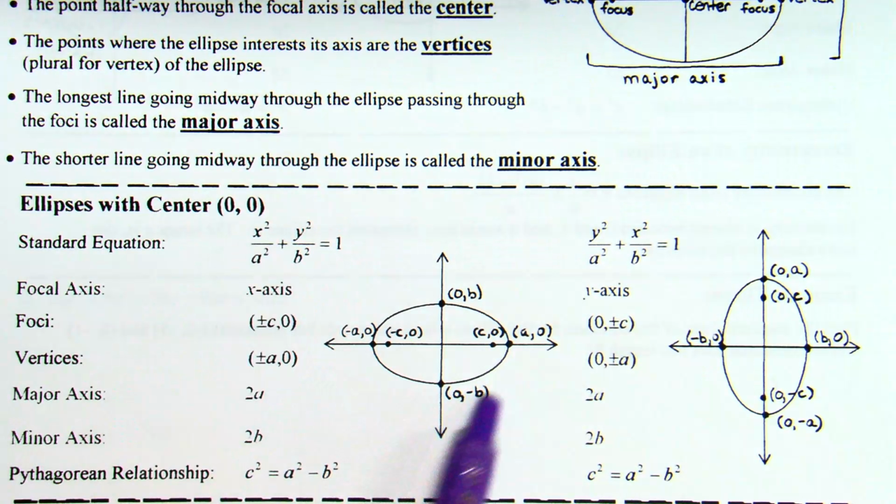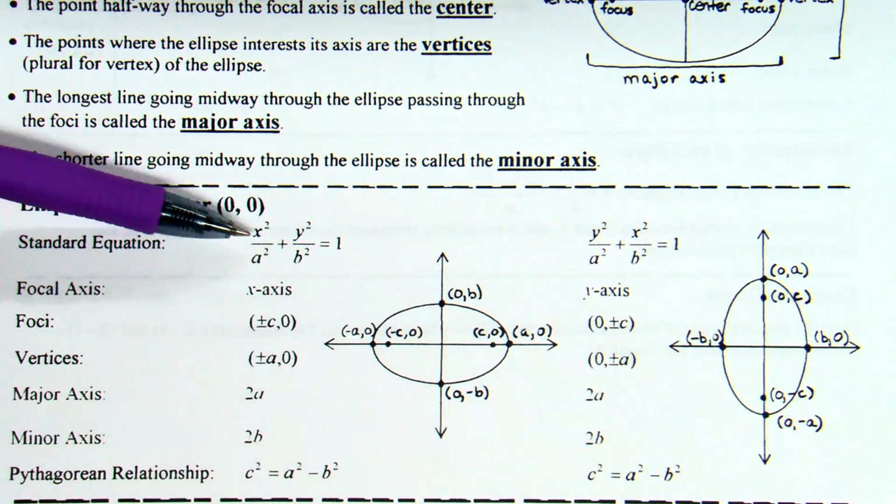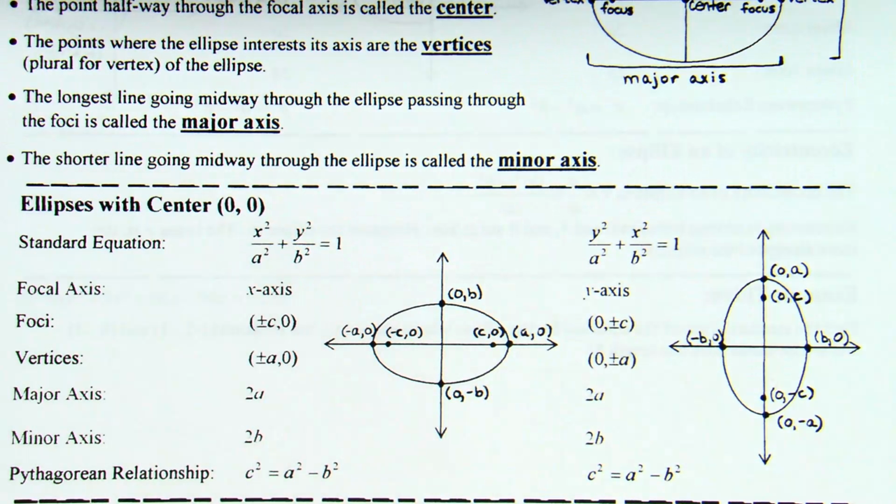Second column goes with when my major axis is my vertical axis. Notice the difference in the equations really here is that it's x squared over a squared, y squared over b squared, whereas here it's x squared over b squared, y squared over a squared. Notice they're always adding. Notice they always equal 1.